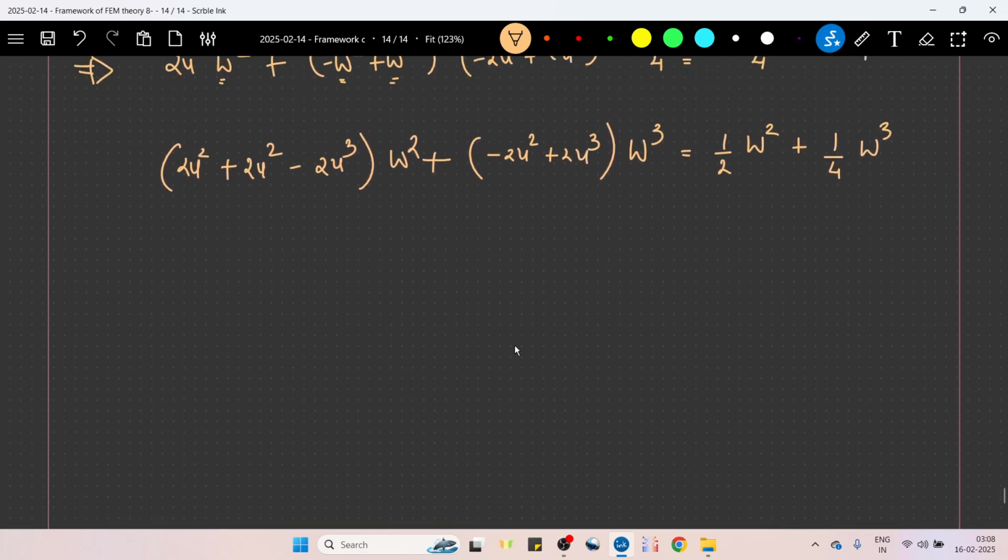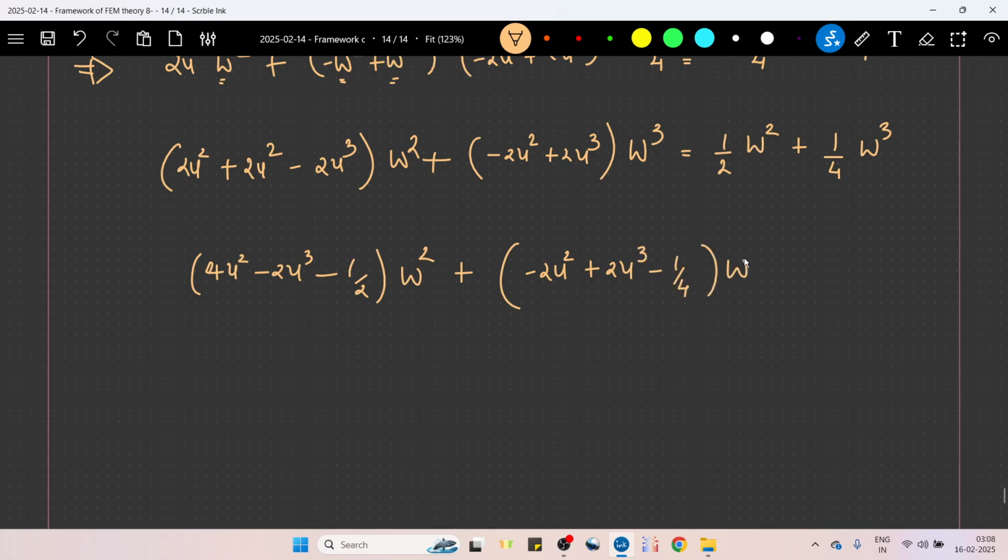Now I will write it completely in form of w2 and w3. So the final it will be 4u2 minus 2u3 minus 1 by 2 w2 plus minus 2u2 plus 2u3 minus 1 by 4 w3 is equal to 0.